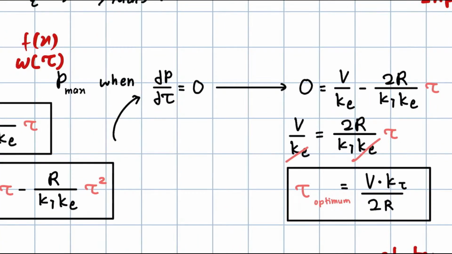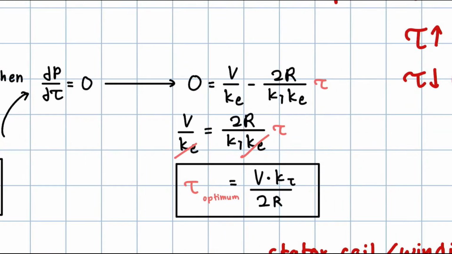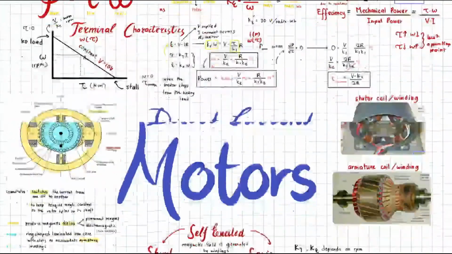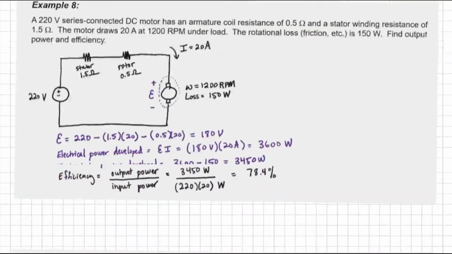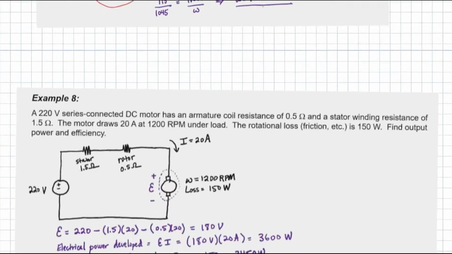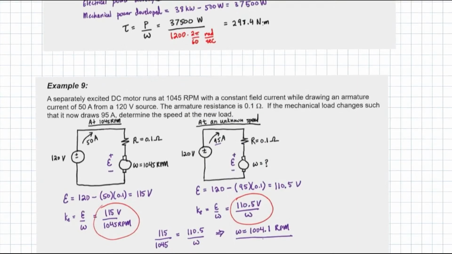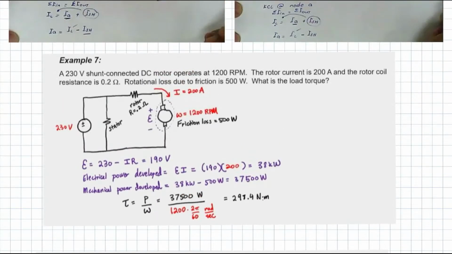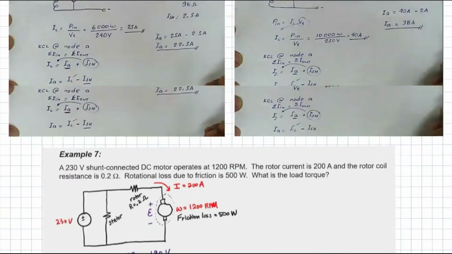This is the most optimum, optimization in maths. So you get torque optimum equals V times Kt over 2R. Maybe a question will ask about this.